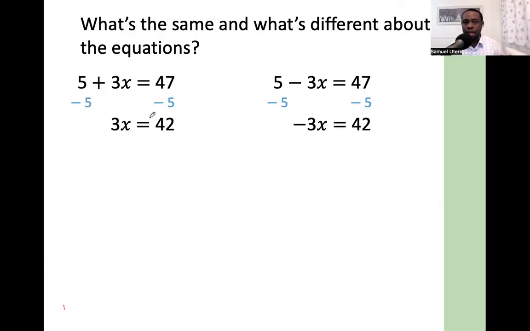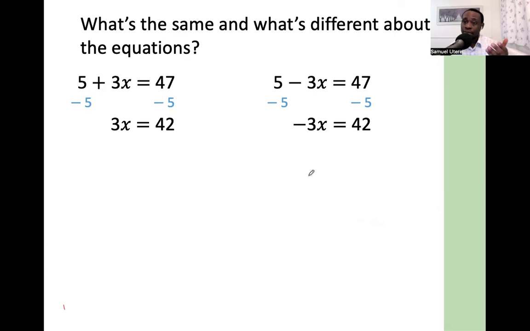What is preventing x from being on its own so that we can say x is equal to something? For this one, it is the 3 that is multiplying the x, because 3x means 3 times x. For this one, it is negative 3, because this means negative 3 times x.